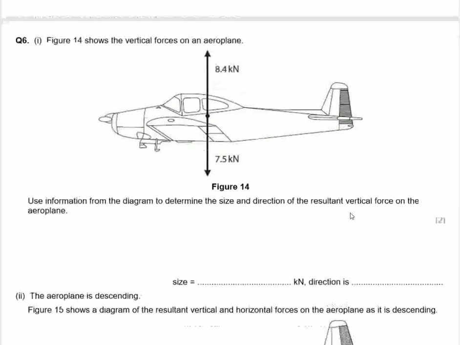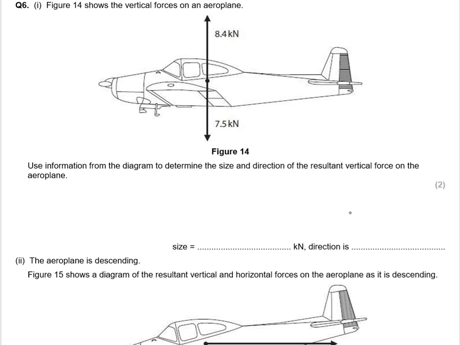Okay, now let's move on to the easy question. Here we're looking for the resultant force. So which one is bigger? This one's bigger, so the plane will be moving upwards. Now by how much upwards? This take away this will give me the answer.